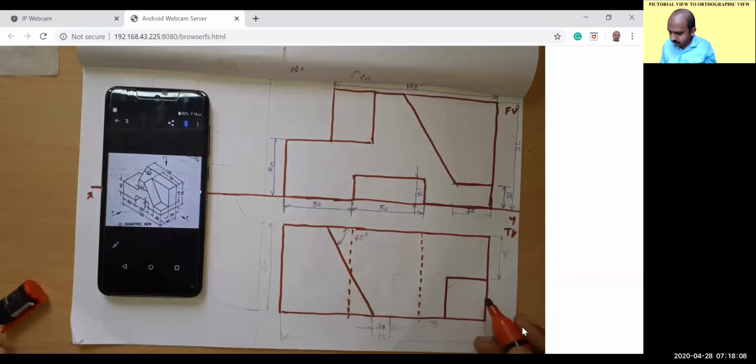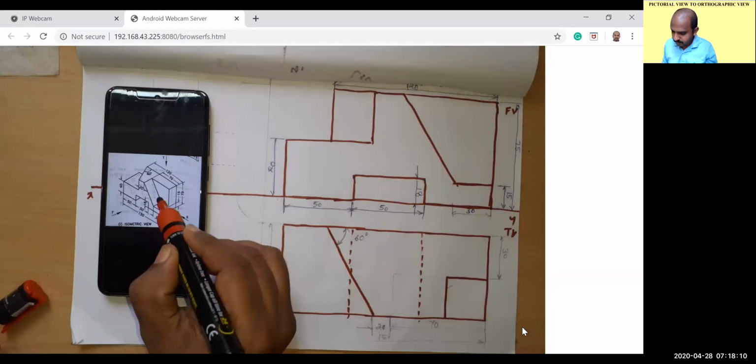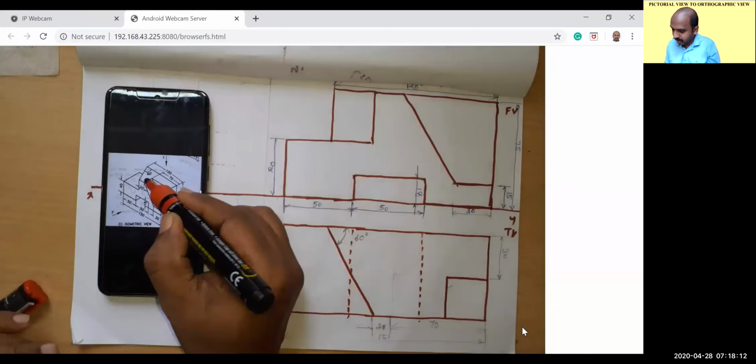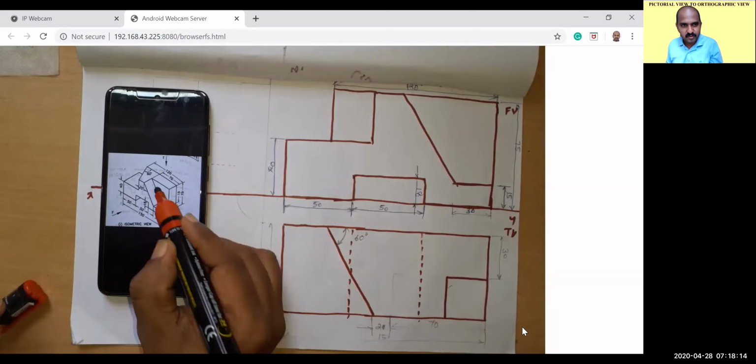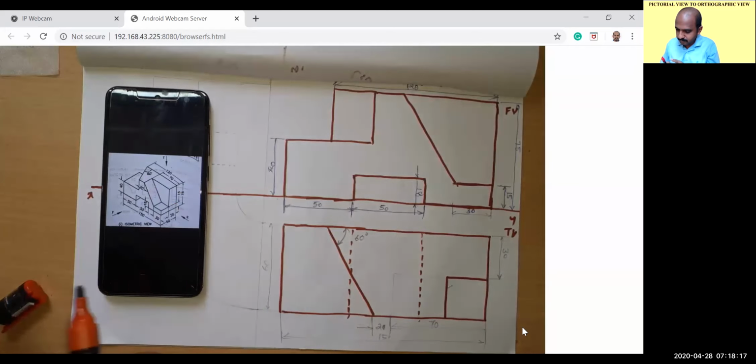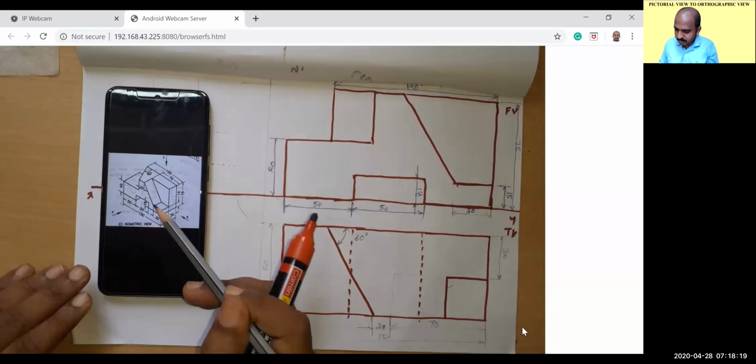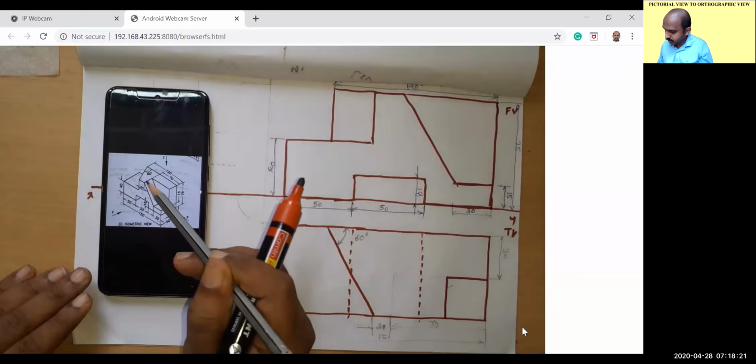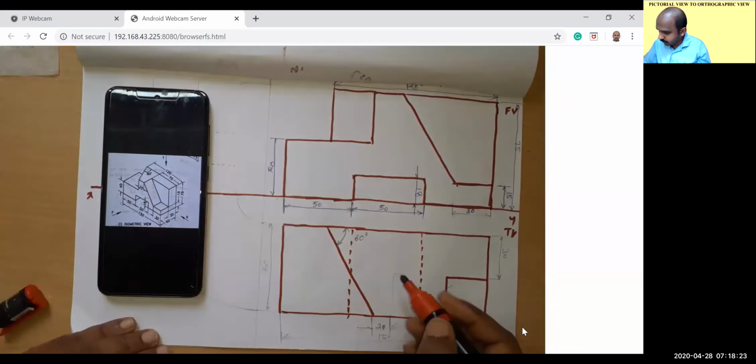The next one corresponds to this inclined face. When you are looking, you can see this line and this line also, which corresponds to this line.